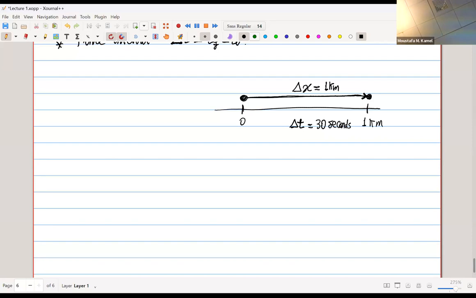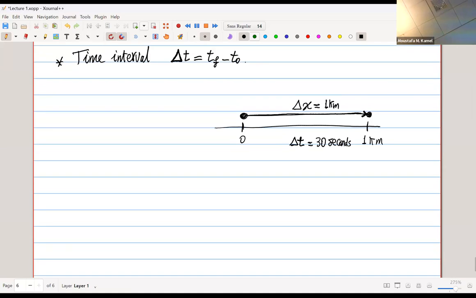This allows us to define average velocity. So the average velocity is change in position over the time elapsed. Let's call it V with a bar over. Average velocity is defined as delta x over delta t. So the total displacement over the total time elapsed.